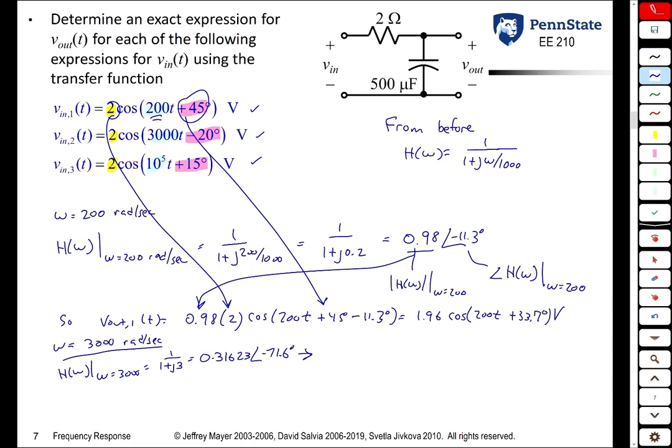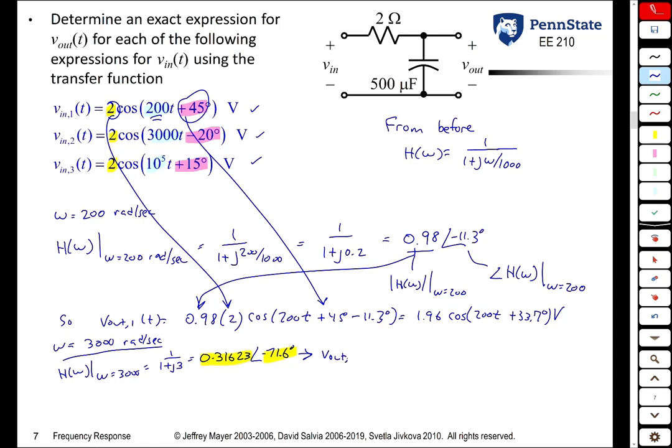So this is telling us that at this frequency of operation, the input amplitude is going to be multiplied by 0.316, and the phase is going to be shifted by minus 71.6 degrees.